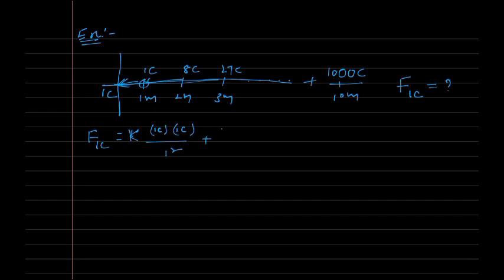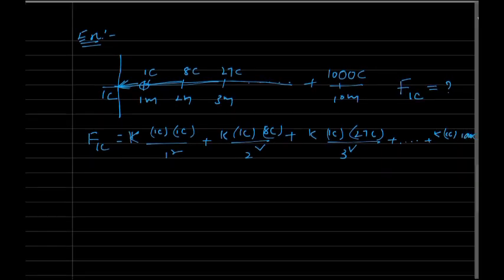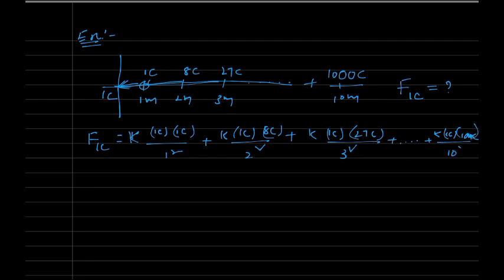Similarly, K 1C and 8C by 2 square, and K 1C 27C by 3 square. Similarly for the last term, that is K 1C 1000C by 10 square, right?